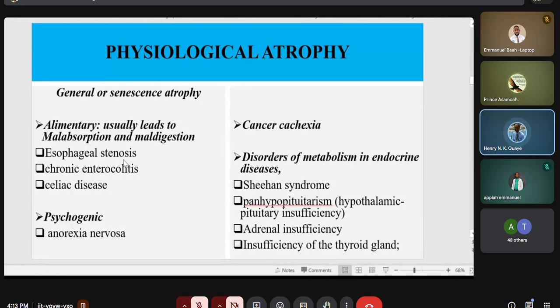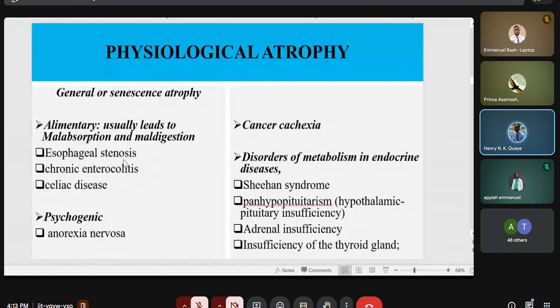If a woman has massive postpartum hemorrhage, the blood supply to the pituitary gland drops sharply. This causes ischemic necrosis, death of pituitary tissue.